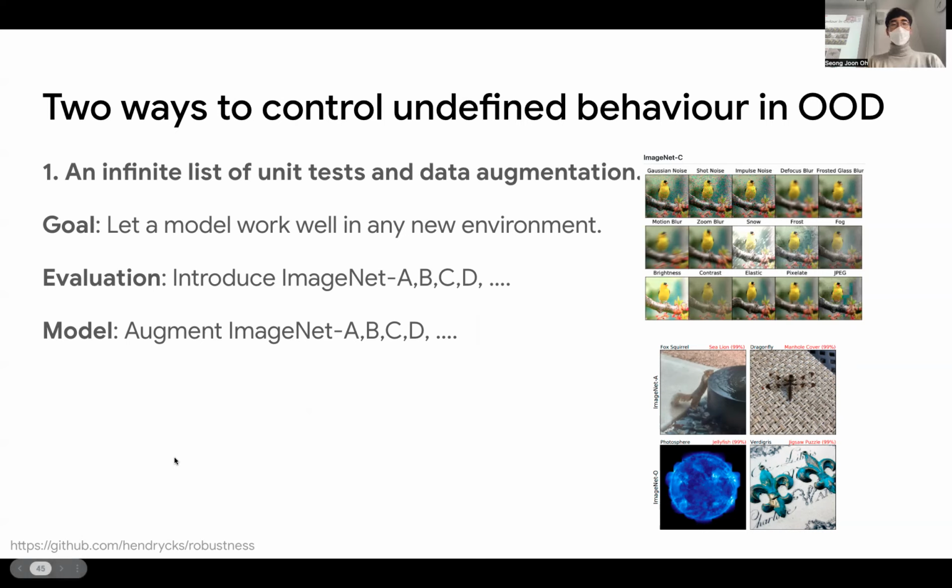And then after introducing those evaluation sets, the natural next step is to augment network training with exactly those samples. Then you're sequentially conquering different unit tests, hoping that eventually it will lead to a strong system that's working well in any kind of situation. But the question is, is that going to happen, right?